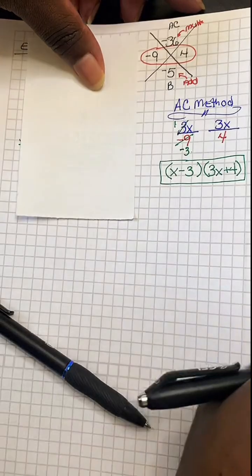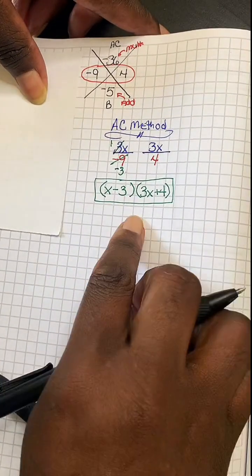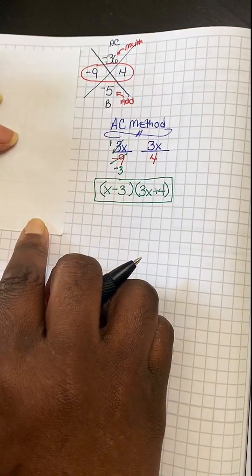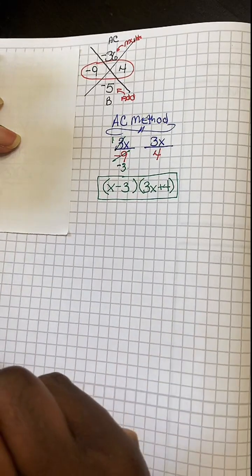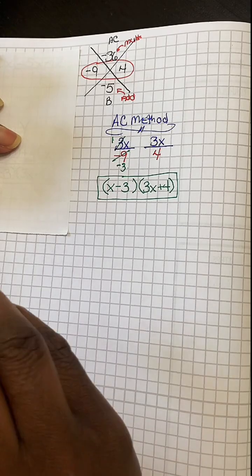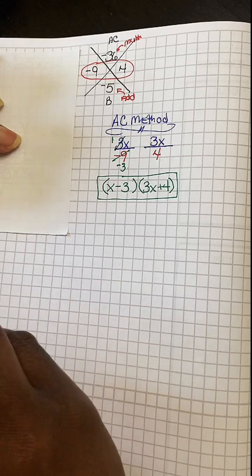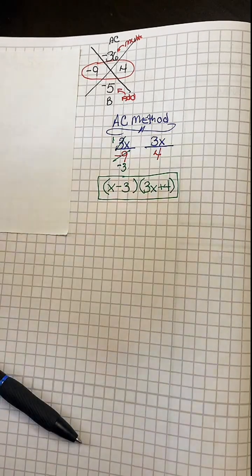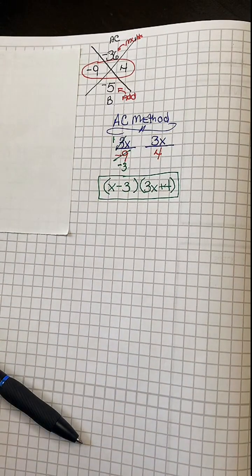A lot of people don't push this, which they should. I don't know why. Because it gets to your answers so much quicker, especially if we take it step by step. So let's try a couple more.